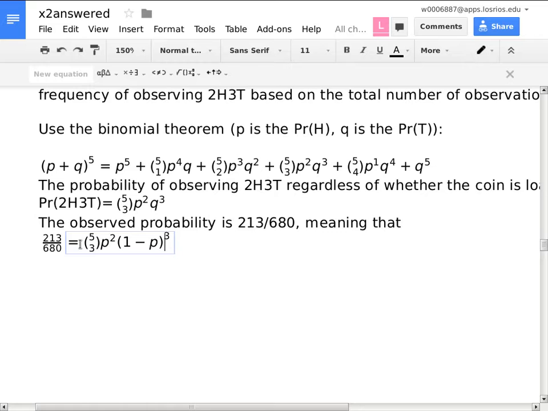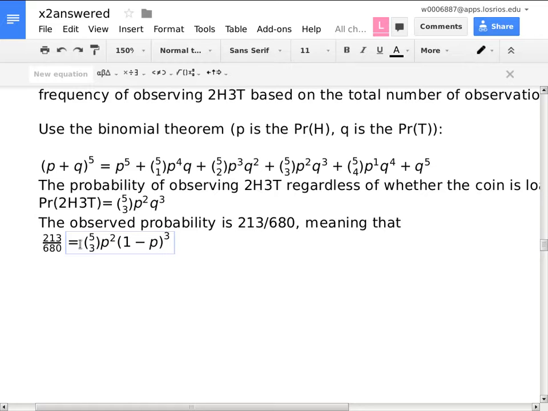Yep, that works too. Plug it in, because I just need to know whether it is fair or not. So you plug in 0.5 into P, you can figure out this number. If the equality is pretty close, then you say, well, I guess it's close enough. If it's way off, then you go, I don't think the coin is fair.